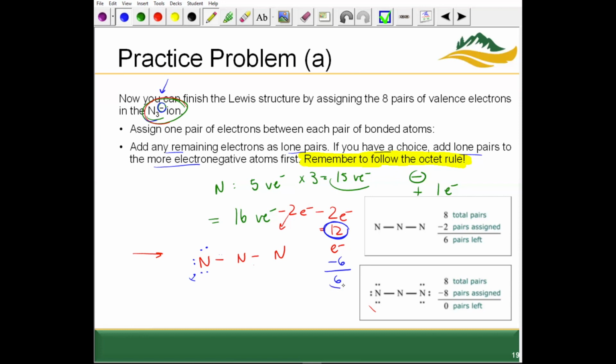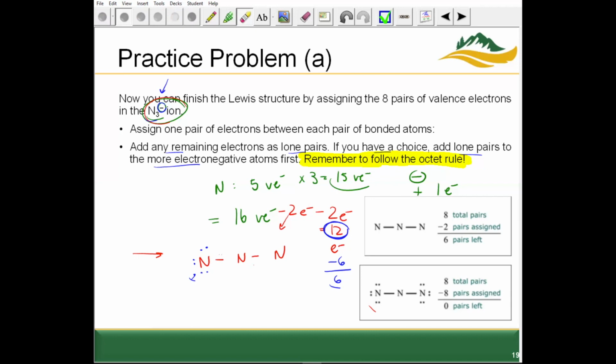We shouldn't put them on the middle nitrogen because that already has 1, 2, 3, 4. We could, but that would end up with 5, 6, 7, 8. When we're starting to add on electrons like this, the best option is to add them to the atoms on the side. The atoms on these sides are the ones that have the greater electronegativity.